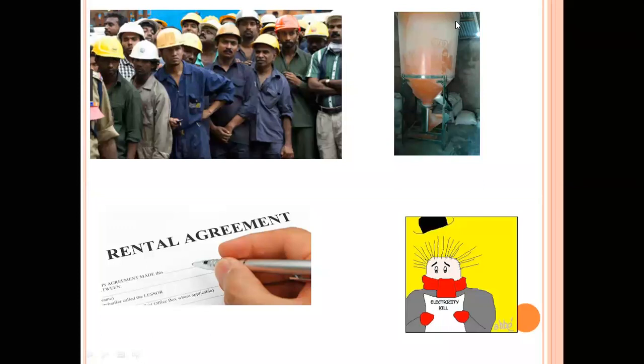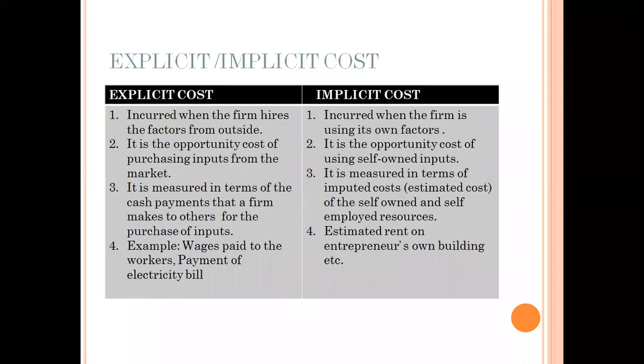Perfect. Now, what is the difference between explicit and implicit? We'll simply say, first point, explicit is the cost which is incurred when the firm hires the factors from outside. So this is the cost which is incurred when we hire something from outside. But implicit is one where the firm is using its own resources. Very good.